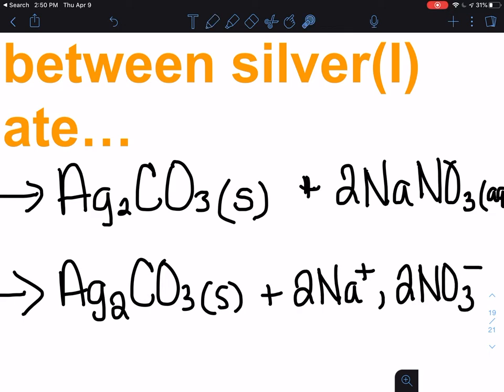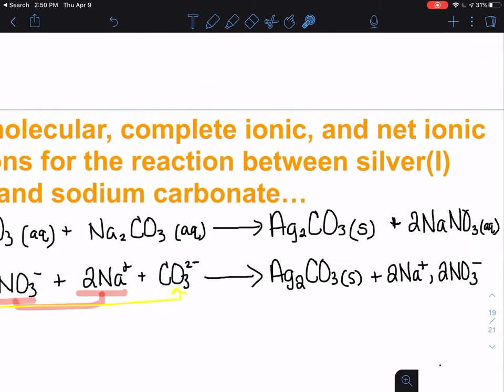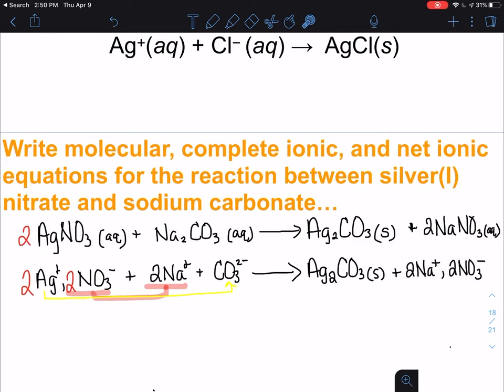Again, I have the 2 here because there are 2 sodiums and 2 nitrates. So I just did a molecular and a complete ionic equation. Everything's balanced. Now I'm going to finish it off.